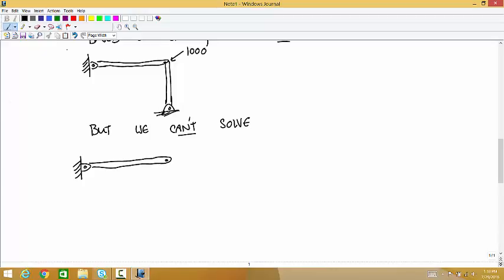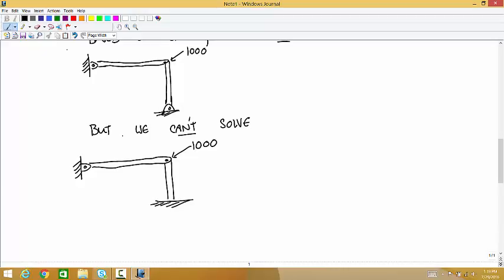These are still connected by pin joints. But now this beam is a fixed joint down here. And say we still have that 1,000 Newton force. So no matter how good you are at statics, there's just no way to solve this. That's what statically indeterminate means. You don't have enough equations to solve for all the variables.